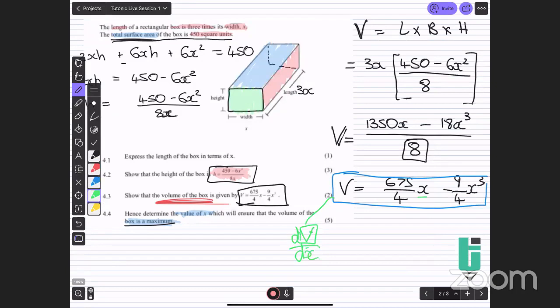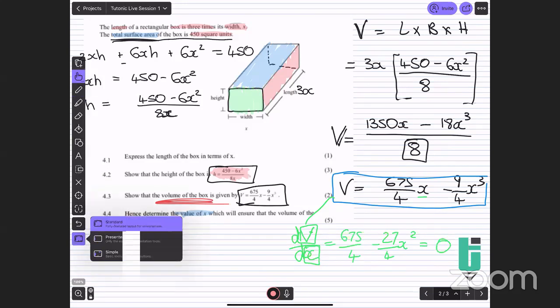Okay, so it's 675 over 4 minus 27 over 4 x squared. Great. This is the derivative, so we make it equal to 0. Correct.